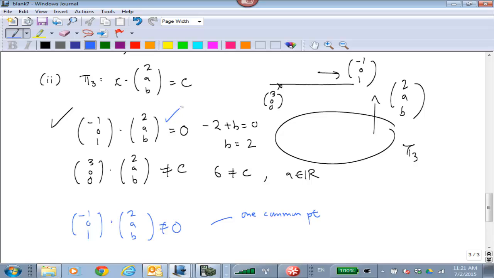Because if the line is not parallel to the plane, it touches. It doesn't even need to be perpendicular. Just tilt it a bit, it will touch, and you will touch one point. That's the reason why I just need the dot product not equal to 0. I'm done. I don't even need to know anything else. Agree? So this is how you actually do it.